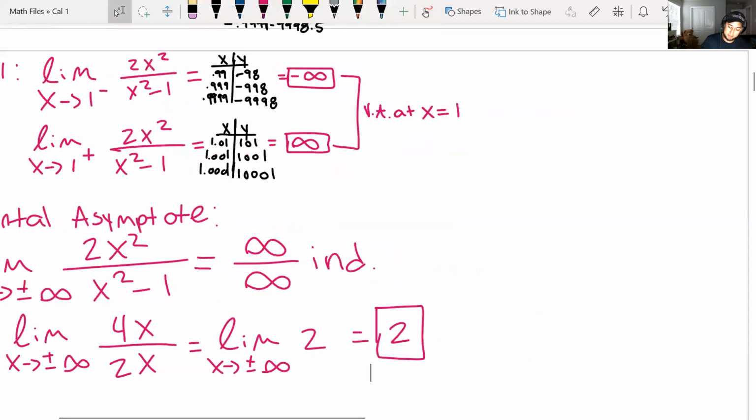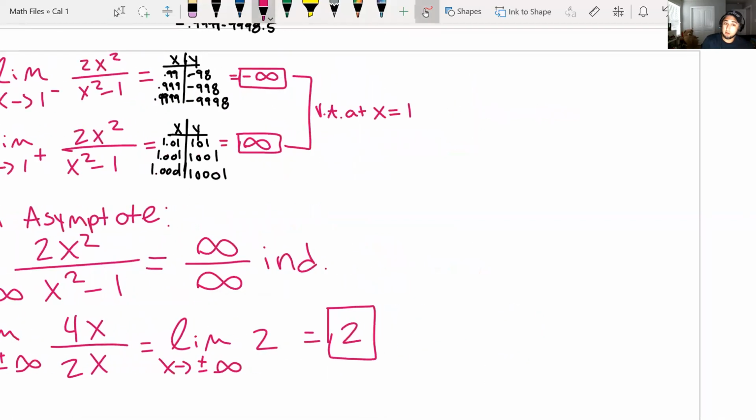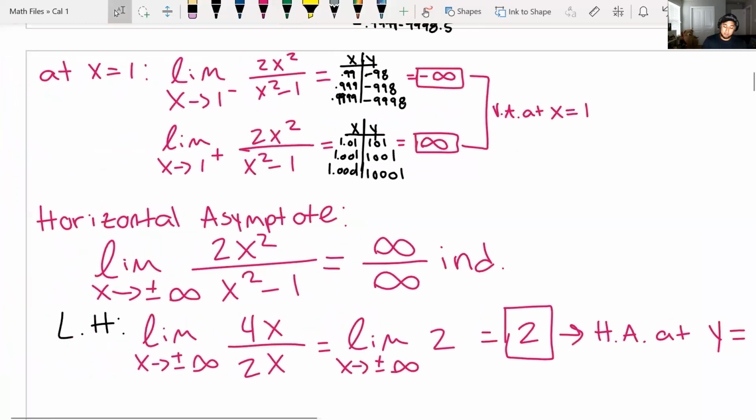So, with that being said, my horizontal asymptote is at y equals 2. There you go.